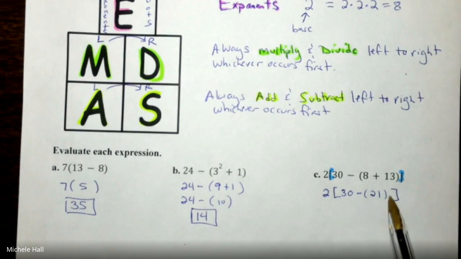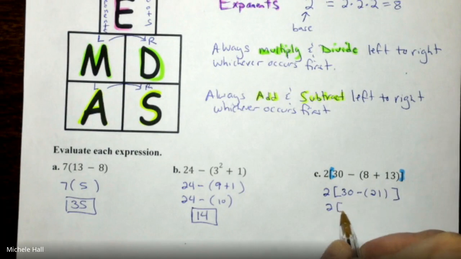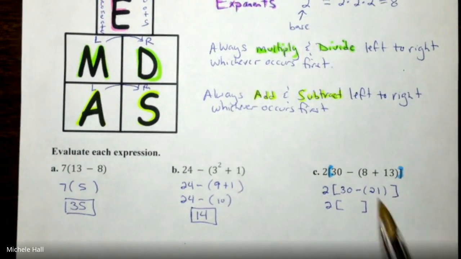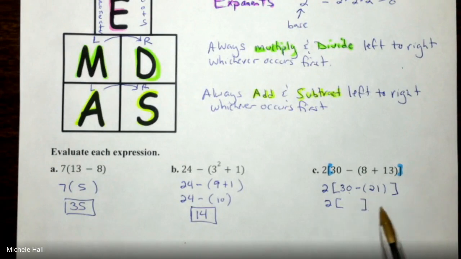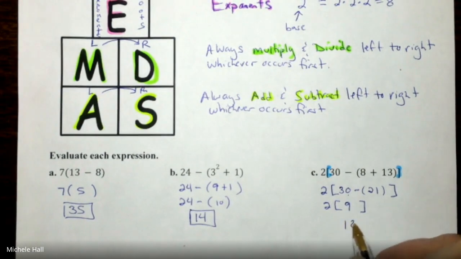I still do not have a single digit in here yet. I need to keep going. Copy everything down except for where I'm working. 30 minus 21 would be 9. I finish by multiplying 2 times 9. The 2 is next to the grouping symbol, and it means to multiply. 2 times 9 is 18.